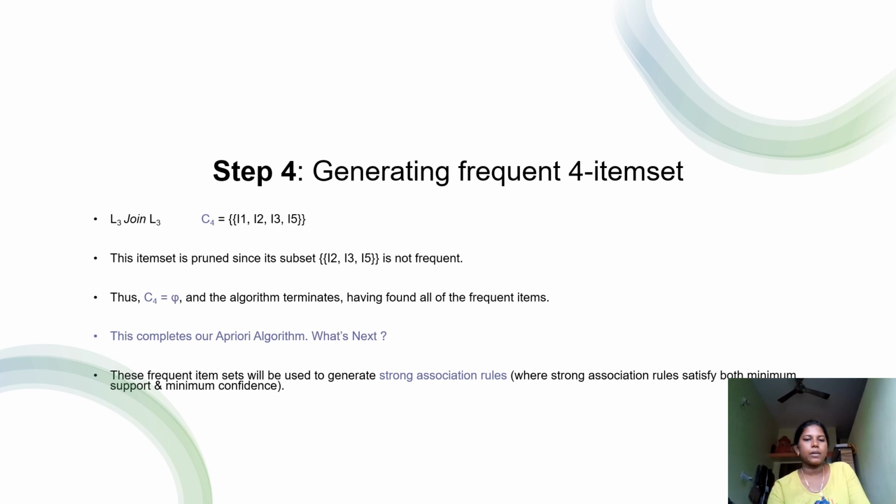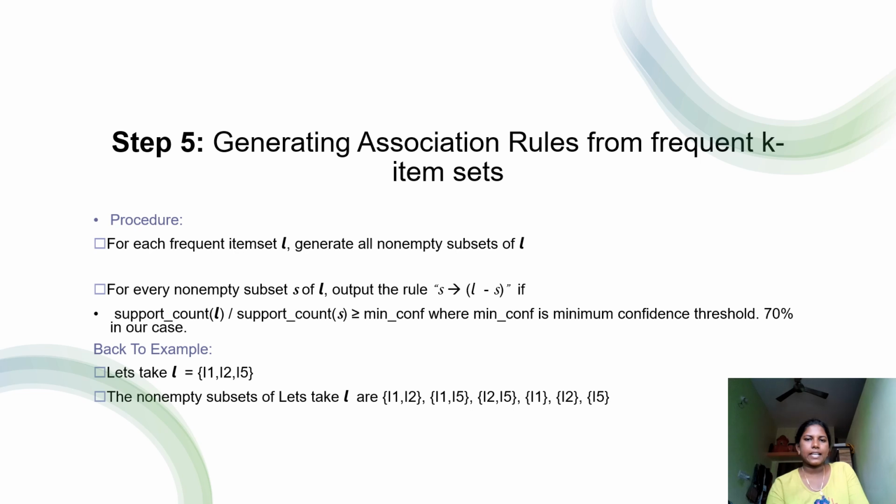This completes our Apriori algorithm. What's next? We'll see how these frequent item sets will be used to generate strong association rules, where a strong association rule satisfies both minimum support and minimum confidence. Step 5 is generating association rules from frequent item sets.